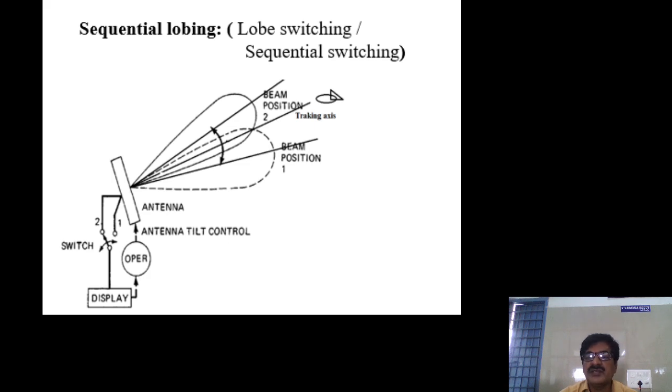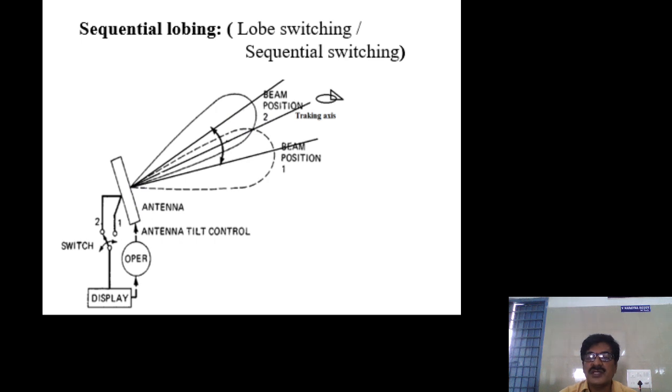Initially, let us assume one axis from the radar to the target, referred to as the tracking axis. With reference to the tracking axis, the radar can project the radiation pattern in two different positions. Suppose initially this is the radiation pattern, the dotted pattern, and after a certain time it changes its position to position 2.